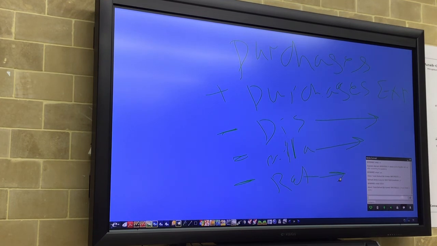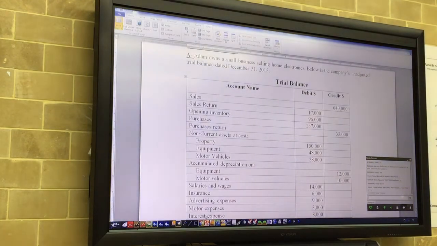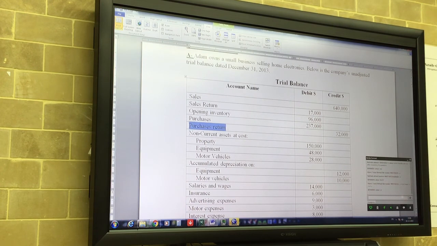This is the net purchases. If there is an expense for purchases, you need to add it, minus allowance purchases, minus discount purchases, minus return purchases. In your questions, you will just have purchases and return purchases.